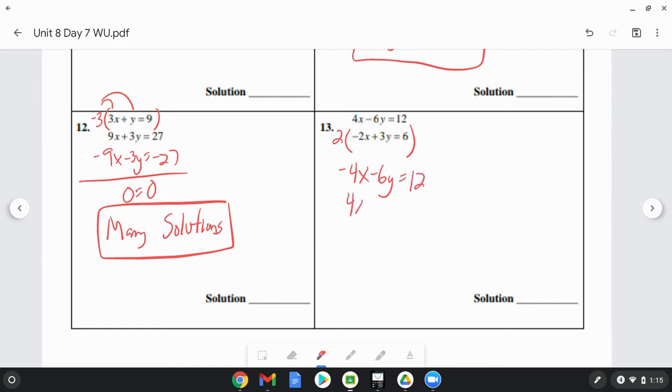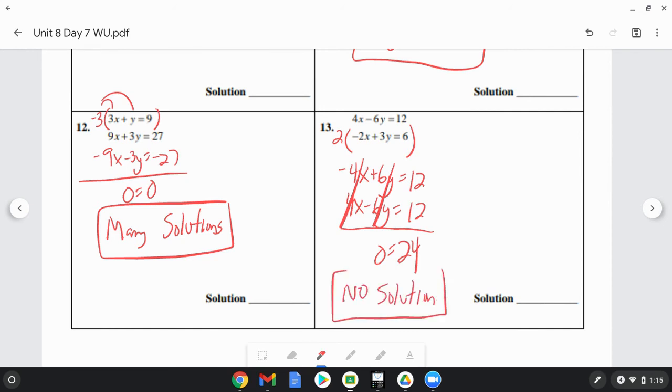On the top, if I bring it down below, it looks like that. Oh, that's plus 6y, I said. So now let's see what happens here. I think the x's are exact opposite. The y's are exact opposites, and that would be 24. 0 does not equal 24, so that would be no solution in that case.